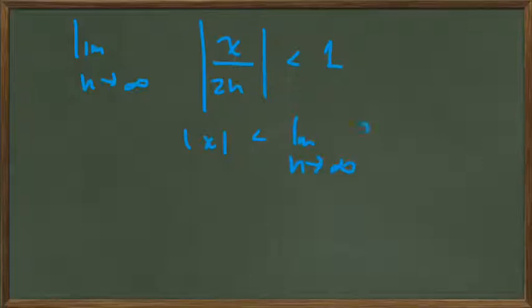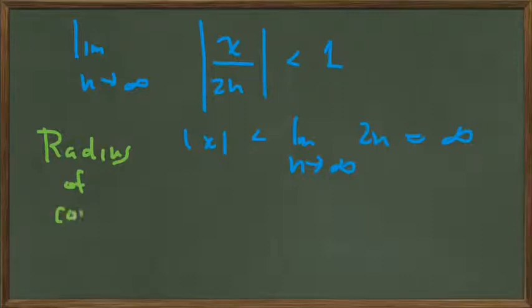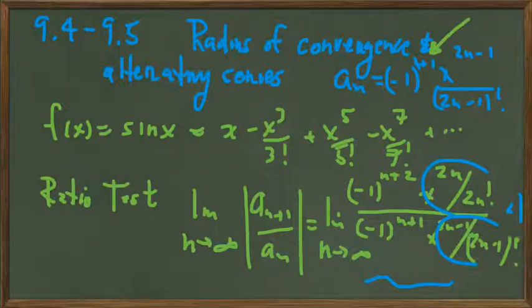We multiply both sides by 2n, and so the values of x for which it converges, called the radius of convergence, is all x, because it is where the absolute value of x is less than infinity, which is everything. So sine x converges for all x.